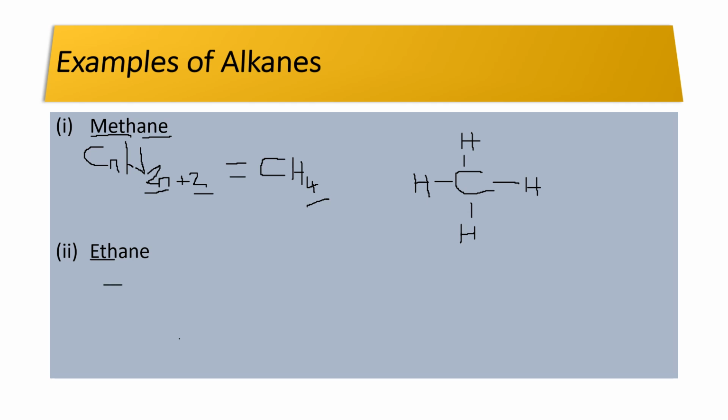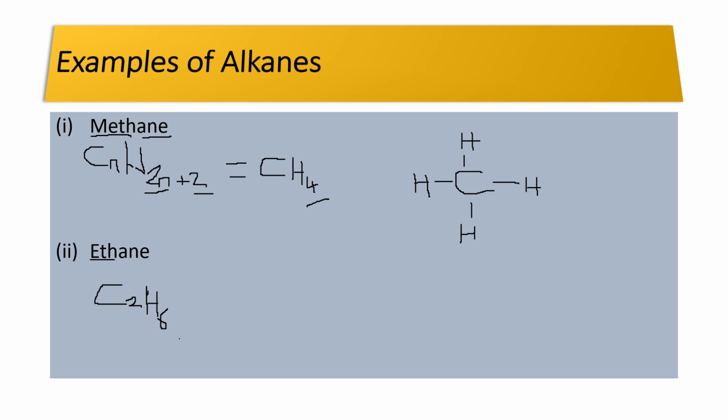We say C, where n is replaced with 2, then H, then we have 2n, so where n is 2, 2 times 2 is 4, 4 plus 2, we have 6. So this is the chemical formula for ethane, C2H6.